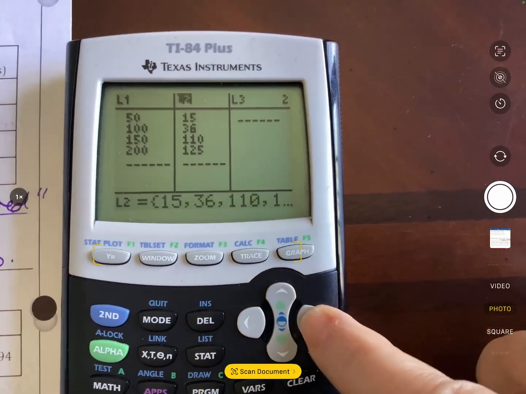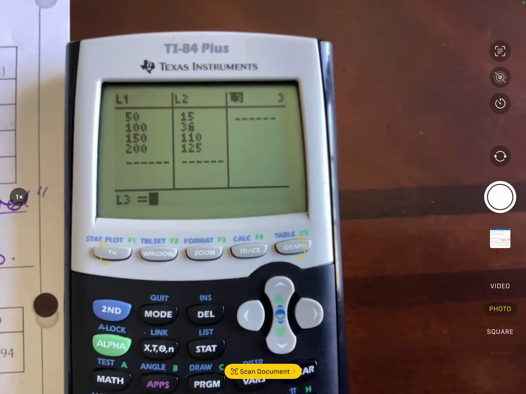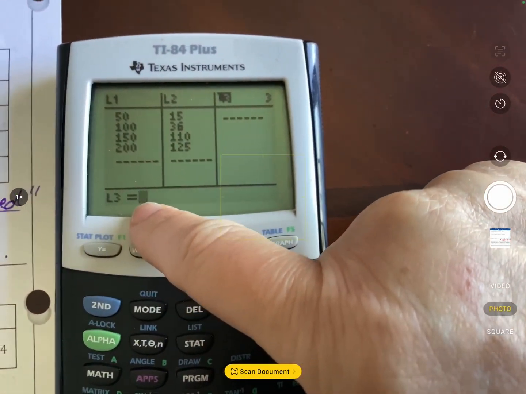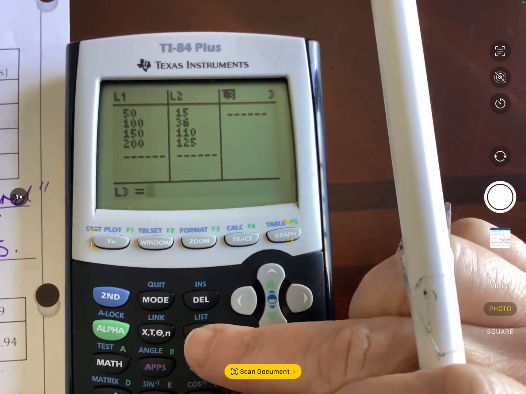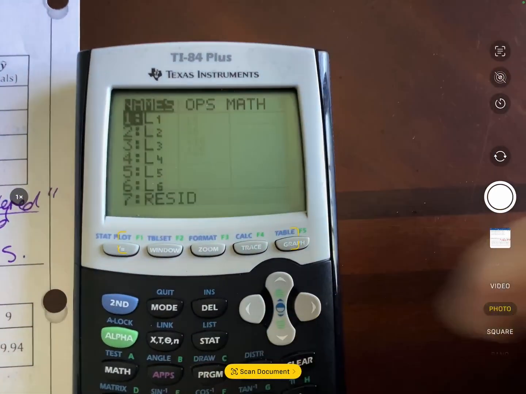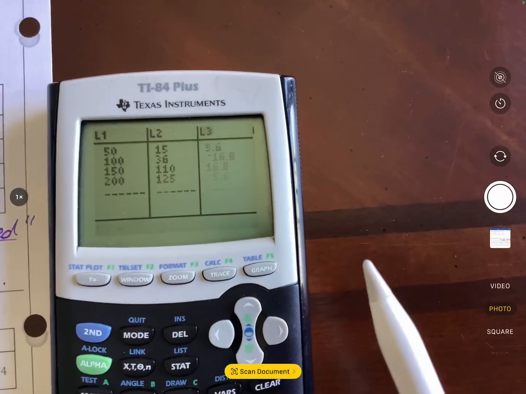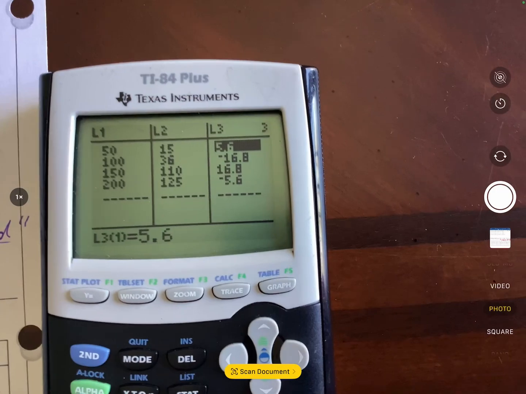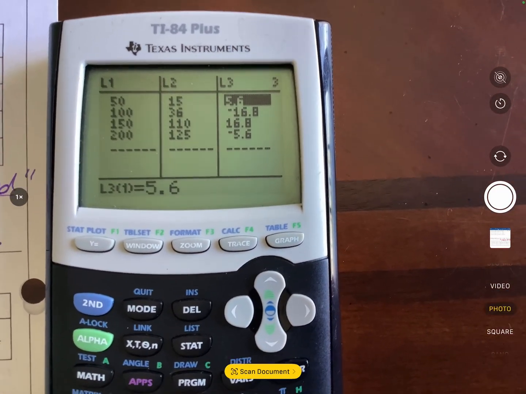You just go up to 3 and hit enter so that whatever you type here is going to register there. So second list, number 7. And that's those numbers. Okay, so those are your residuals.